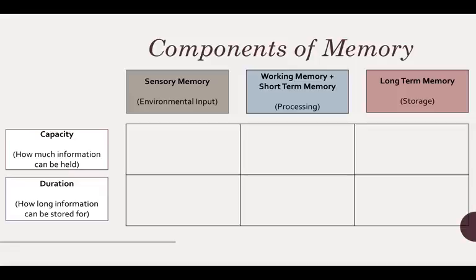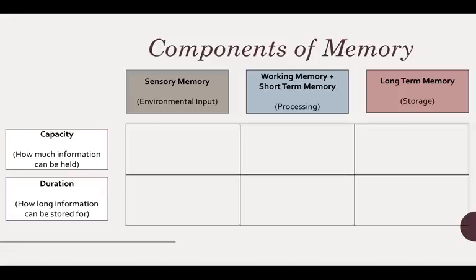When I say capacity, I'm talking about how much information they can hold. When I say duration, I'm talking about how long they can hold information for. Really, these two components are what define each of these memory systems.